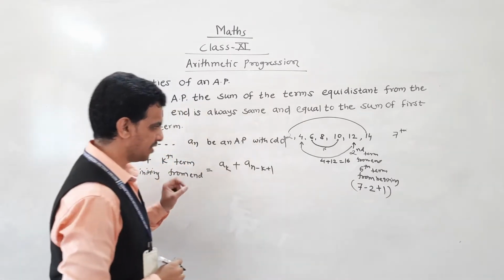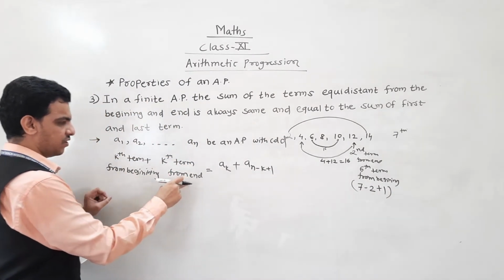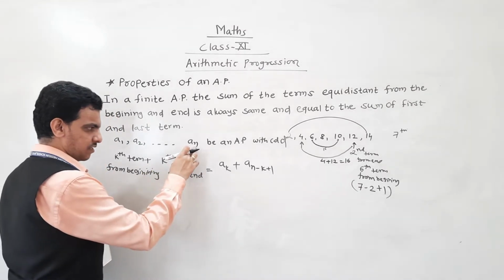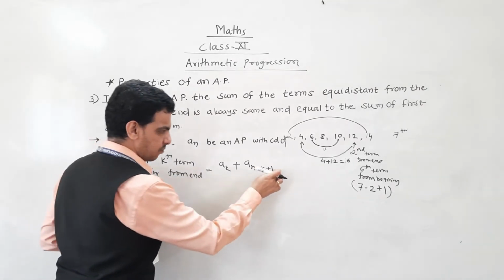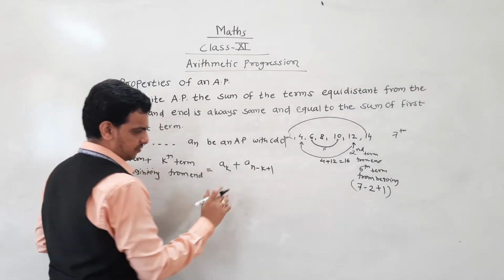Okay, so similarly here, the kth term from end, how do we count it from the beginning? Total n terms are there, so n minus k plus 1. That is the position of the kth term from end, counted from the beginning.